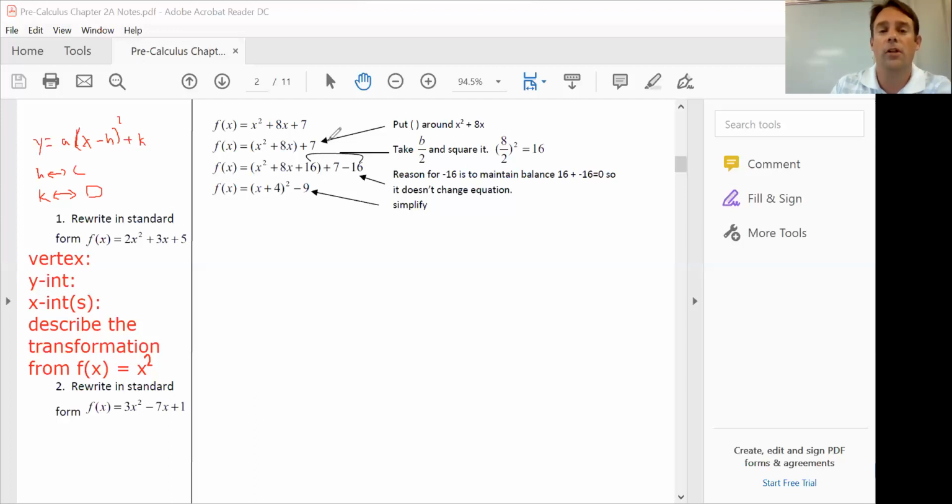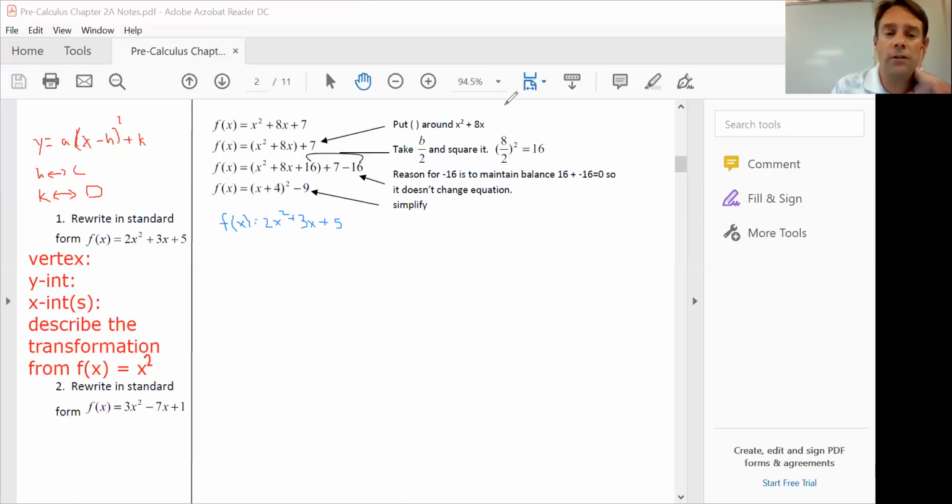So to begin with, let's take a look at our function here: f of x equals 2x squared plus 3x plus 5. When we're trying to get the function by itself, we are going to factor out whatever that a value is.